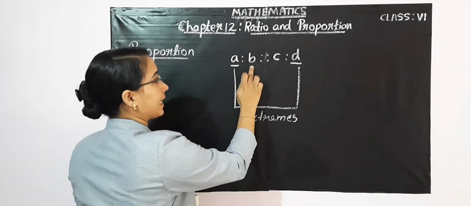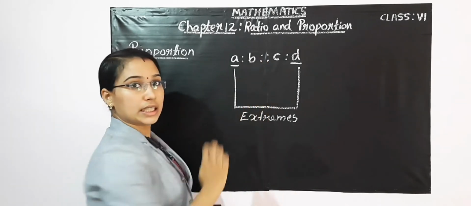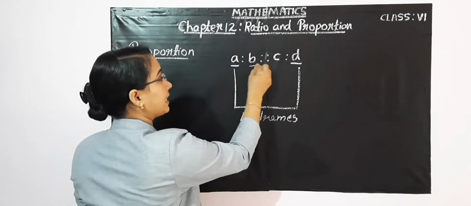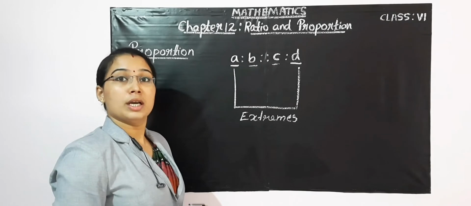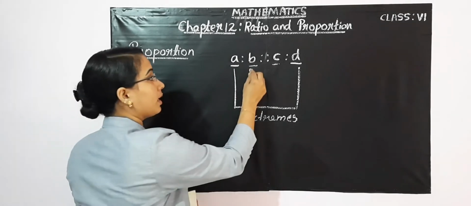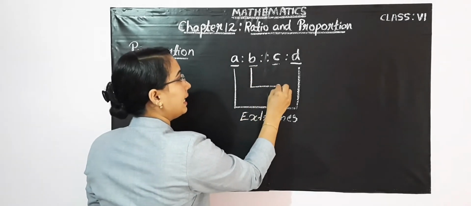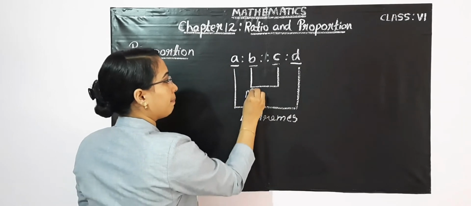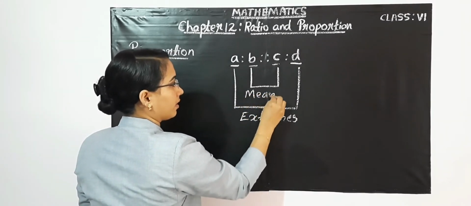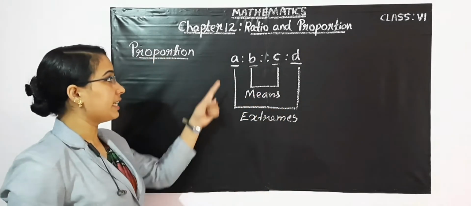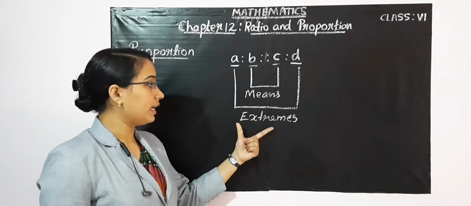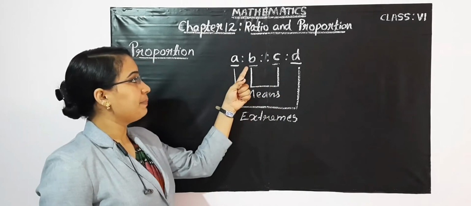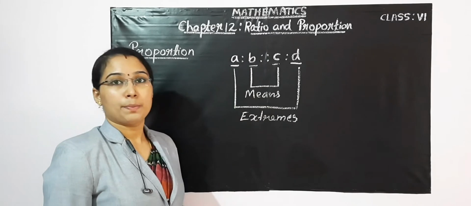Okay. Then second term B and third term C, B and C are called middle terms or means. So in this proportion A and D are called extremes and B and C are called means.